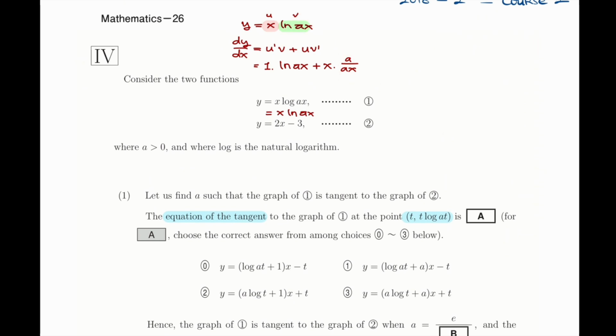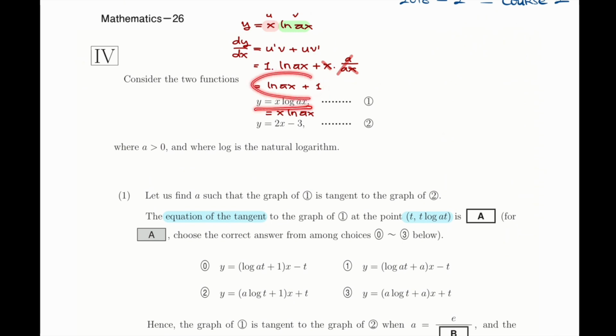If I simplify this expression, we can cancel out a here and x here. I got ln ax plus 1. This is the first derivative of y. So I can say that this is the gradient function of this graph.